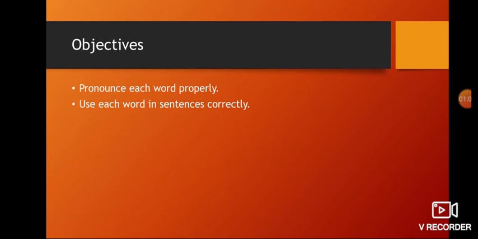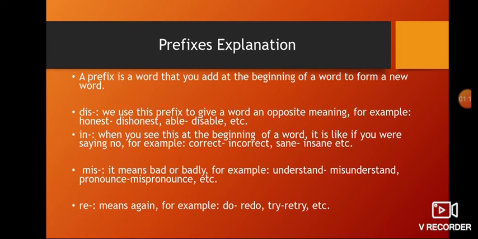Okay, let's continue. This is the prefixes explanation. A prefix is a word that you add at the beginning of a word to form a new word. So basically, a prefix is like a group of letters that you include at the beginning of a word to form a new one, okay?